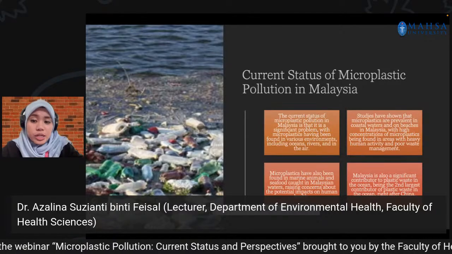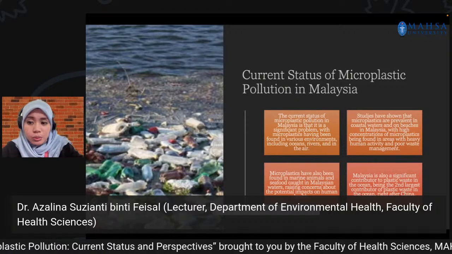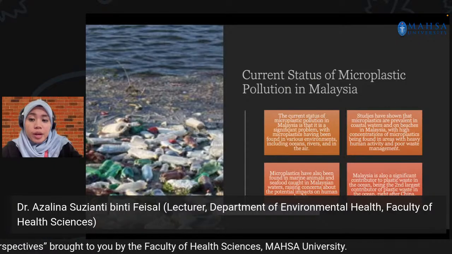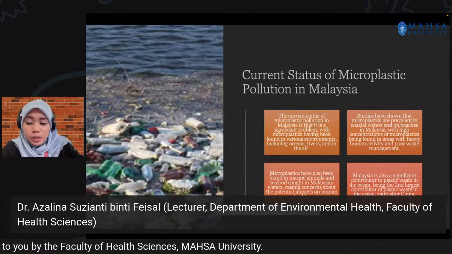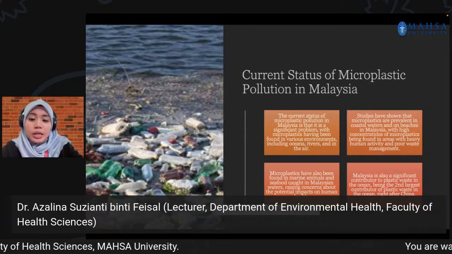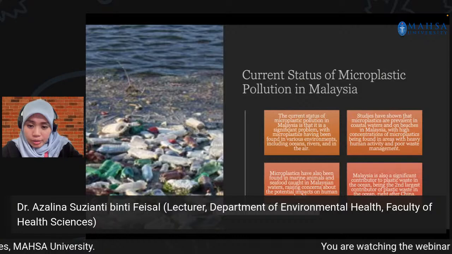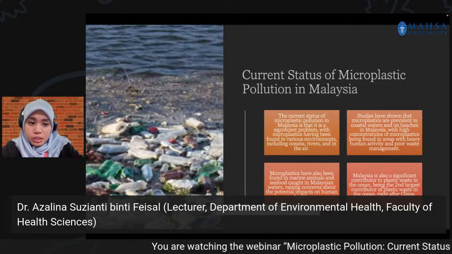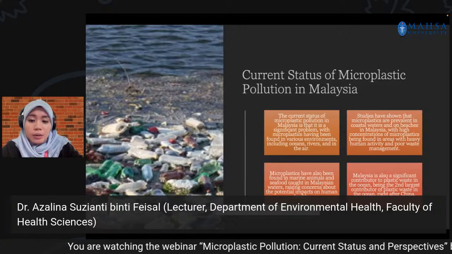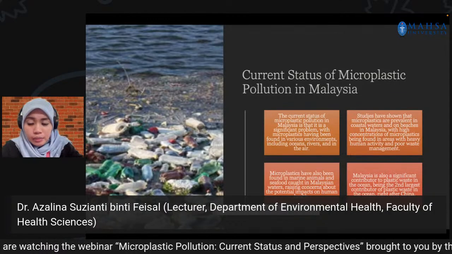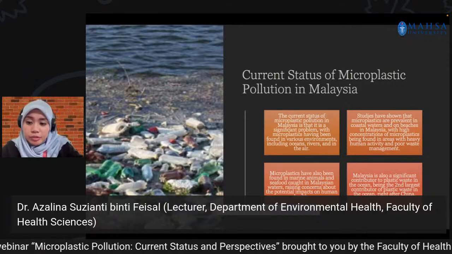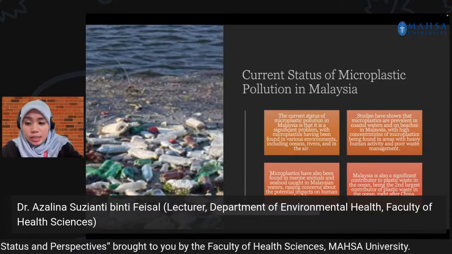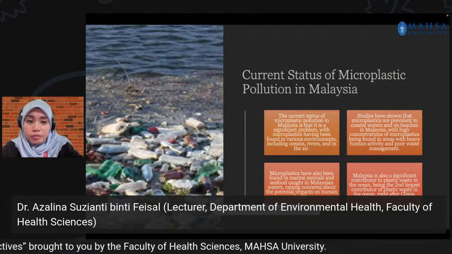Studies have shown that microplastics are prevalent in coastal water and beaches in Malaysia, with high concentrations found in areas with heavy human activity and poor waste management systems. It has also been found in marine animals and seafood caught in Malaysian waters, which raises concern, especially to the government, about the potential impact on human health. Malaysia is also a significant contributor to plastic waste in the ocean, being the second largest contributor, right after China.